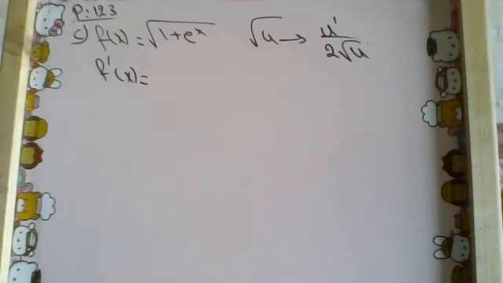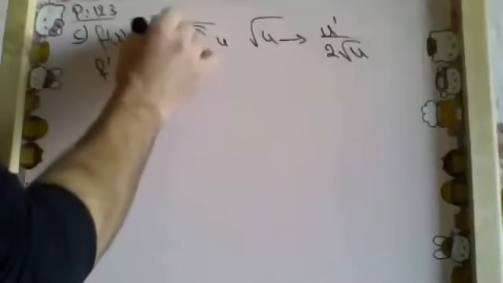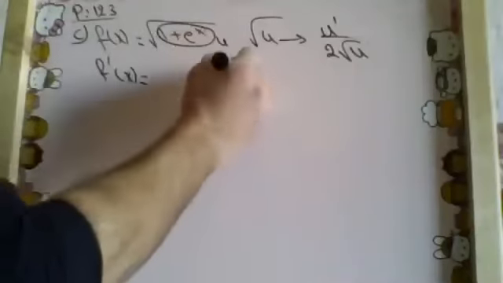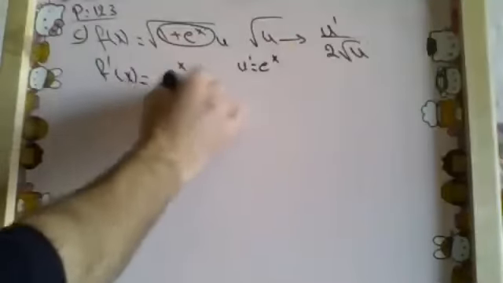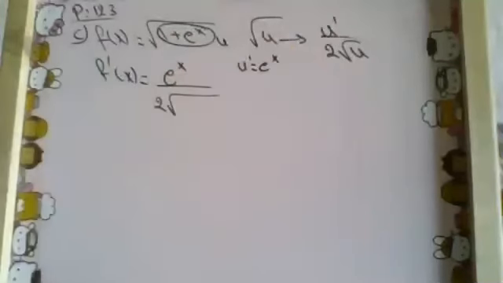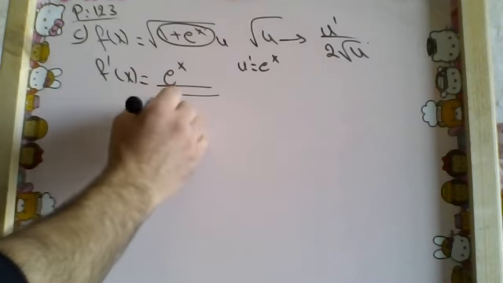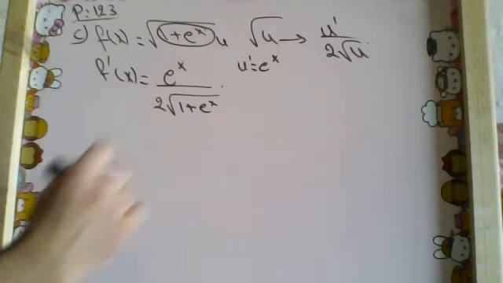So what will be f prime of x? أول شيء بتطلع e power x. هيدي اليو. u prime. هيدي كلها سوا u. u prime derivative 1 0, derivative e power x, e power x. So f prime of x is e power x over 2 radical 1 plus e power x.